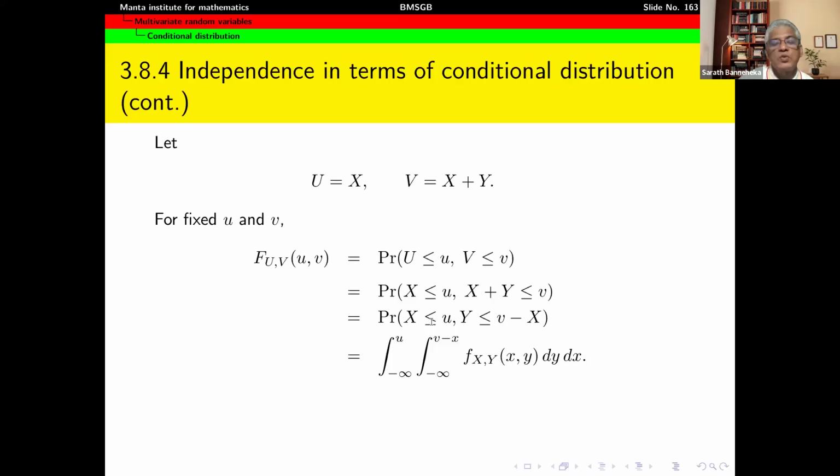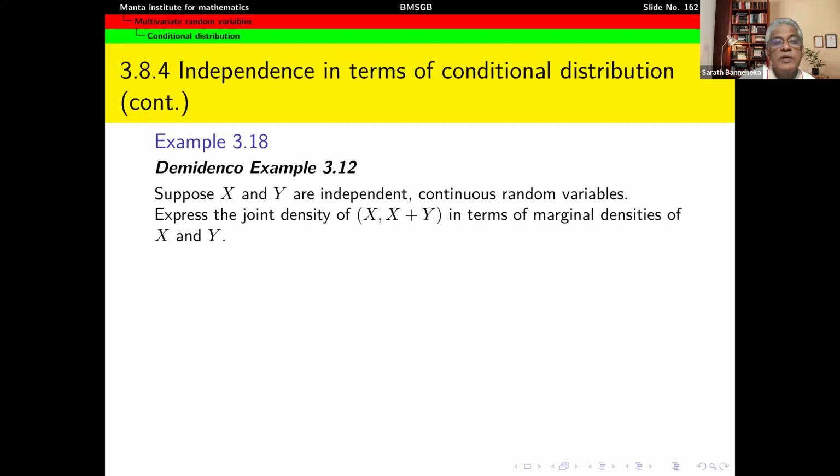So that subset should satisfy: the x values should be less than or equal to u, and the y values should be less than or equal to v minus whatever the x that we are considering. As I have already mentioned, it will be easier if you look at the support of this joint density function of x and y first. Now notice here we are saying that x and y are independent.